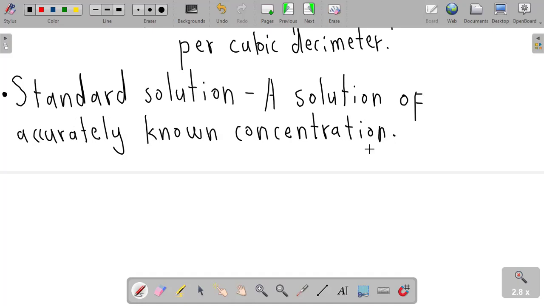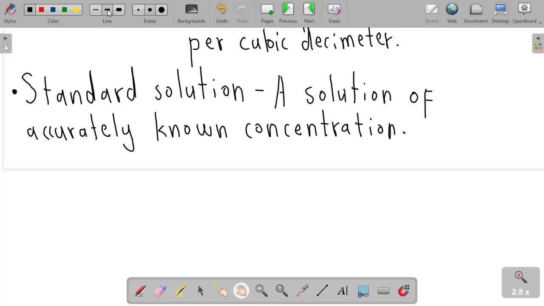That's what a standard solution is. It's a solution of accurately known concentration.